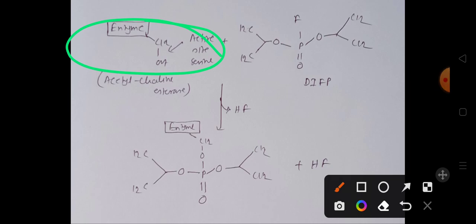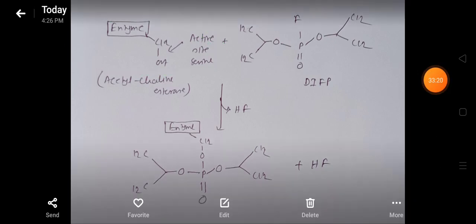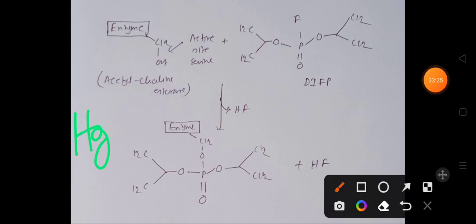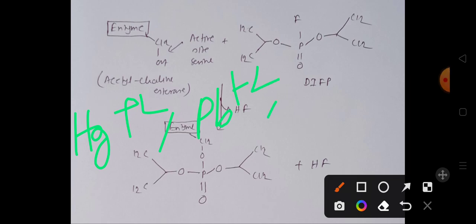In non-competitive inhibition, we have seen various types of metal ions, for example Hg2+, Pb2+, Hg+, acting as non-competitive inhibitors, especially for enzymes having an SH group in their active site, for example urease, right? And then we have also seen the example of cyanide and hydrogen sulfide, that is H2S and CN, right? They act as non-competitive inhibitors for enzymes having iron, for example peroxidase and catalase. So that is non-competitive inhibition.